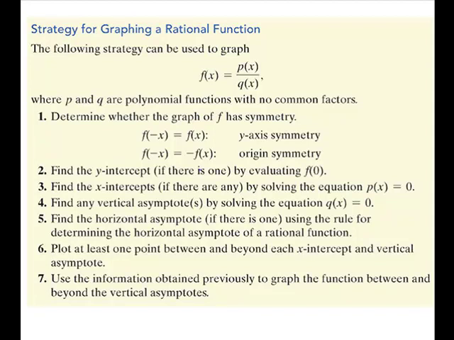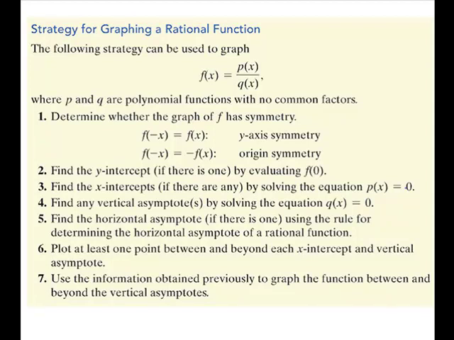Right? Step 2 is find the y-intercept. Remember, for the y-intercept, set x equal to 0. So you're going to plug 0 through and solve. There doesn't have to be one. Right? Find the x-intercepts, if there are any, by setting your function equal to 0.